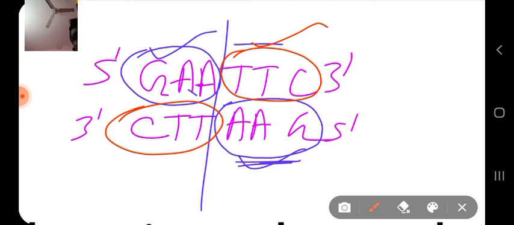So this is your palindromic sequence with rotational symmetry. So by observing this type of palindromic sequence with rotational symmetry, your restriction endonuclease enzyme, specifically type 2 restriction endonuclease enzyme, identifies and cleaves, means it cuts at that particular site.